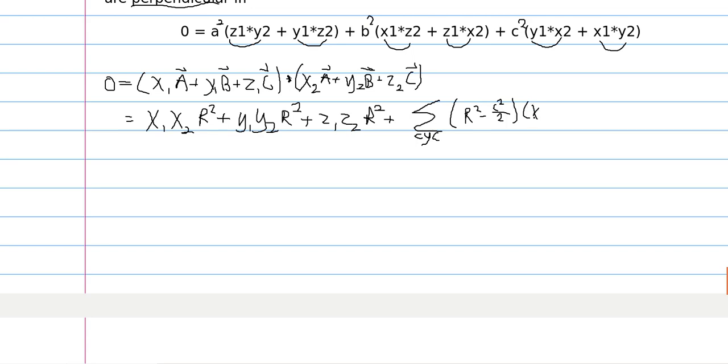So for each, r squared minus c squared over 2, that's a dot b. And we get a dot b when we have x1 times y2 plus y1 times x2.